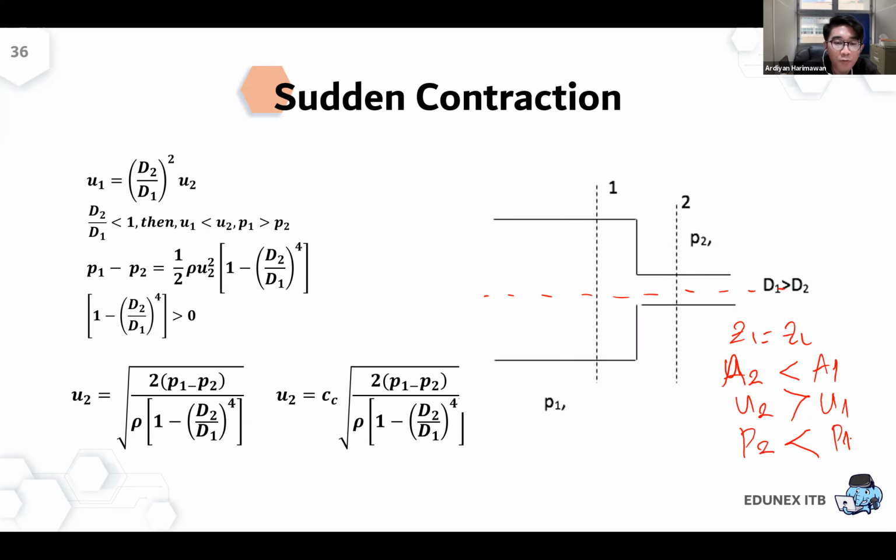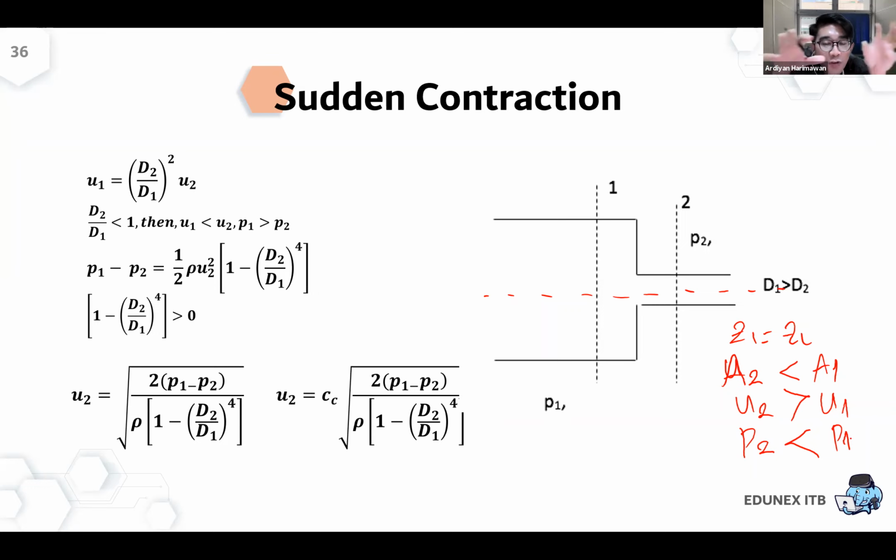However, this sudden contraction will contribute to more heat loss, more energy loss in real conditions. If you compare sudden contraction and reducer, or sudden enlargement and diffuser, in ideal conditions it's exactly the same.